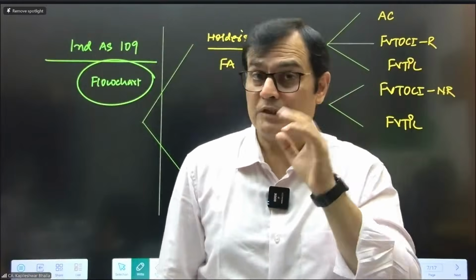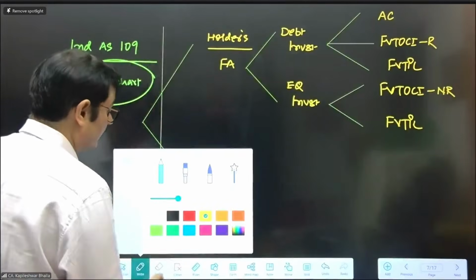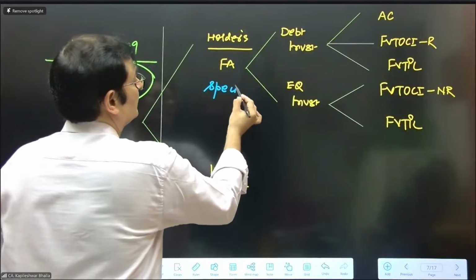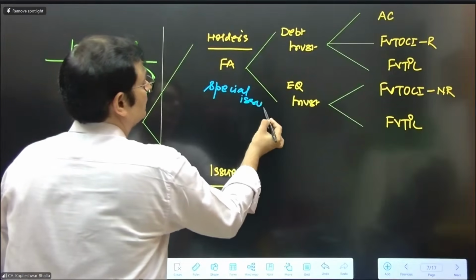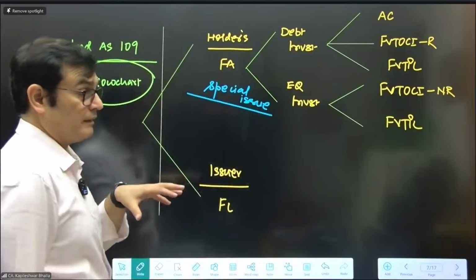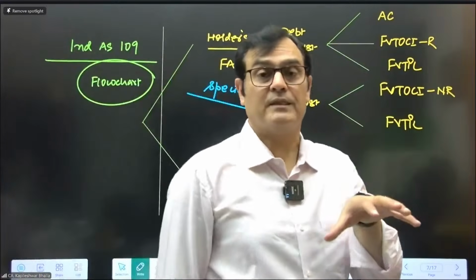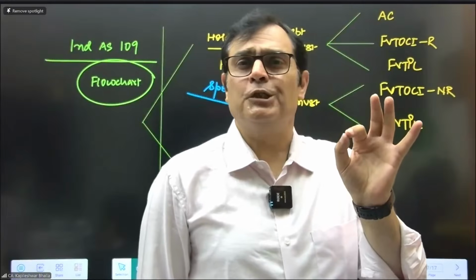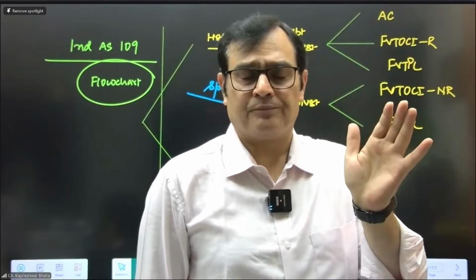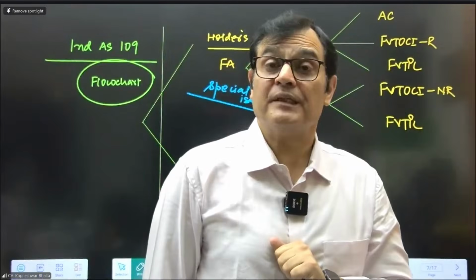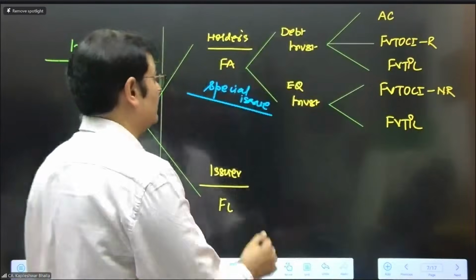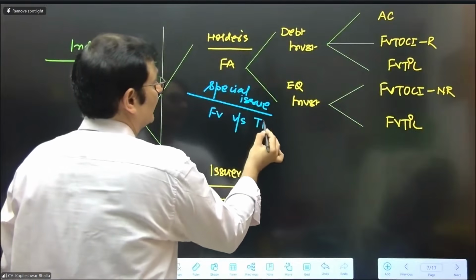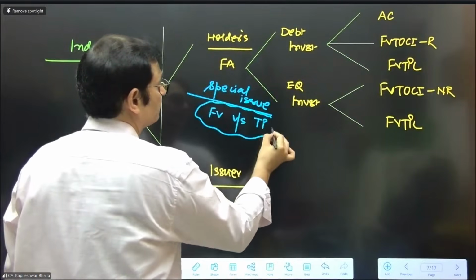Now, what is to be taken care of here is a special issue. Your mind should turn to a special issue in terms of financial assets, which I am now going to revise with you. Financial assets are initially measured at fair value, but there could be a difference between the transaction price and the fair value.